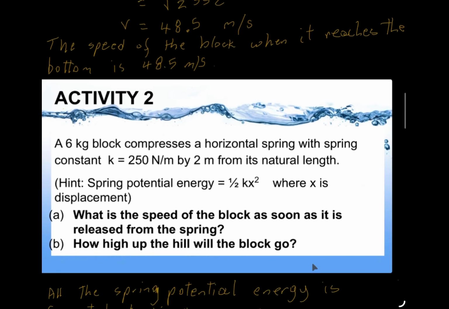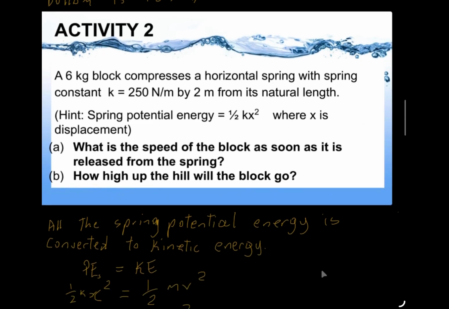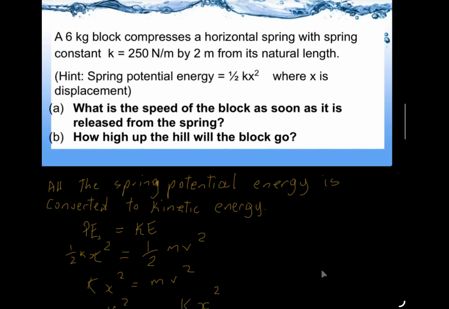So let's look at the speed. So all this spring potential energy is converted to kinetic energy, so PE is equal to KE, and we said the potential energy here was half kx squared. We set that equal to half mv squared, which is a formula for KE. And so if we multiply both sides by 2, kx squared will equal mv squared.